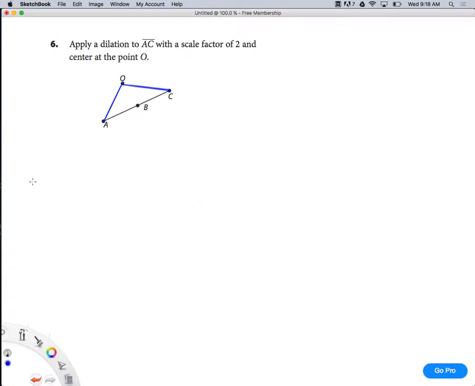Okay, so I don't have a measuring device, but that's why I asked you to get a protractor, which has a ruler on it, because you'd be able to measure that's 3 and then say, oh, right here, that's 6. The length of that line is twice as long, and there would be your point C prime right there.